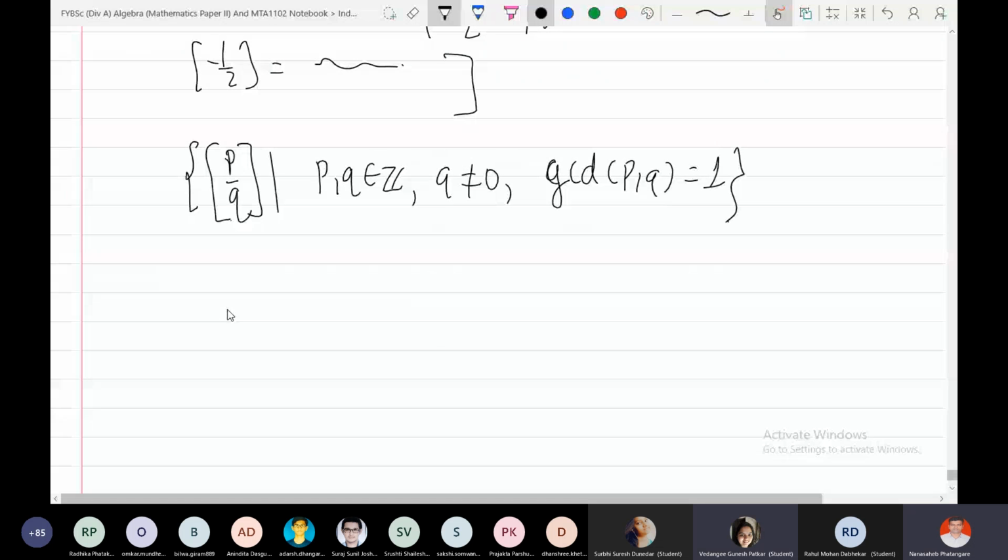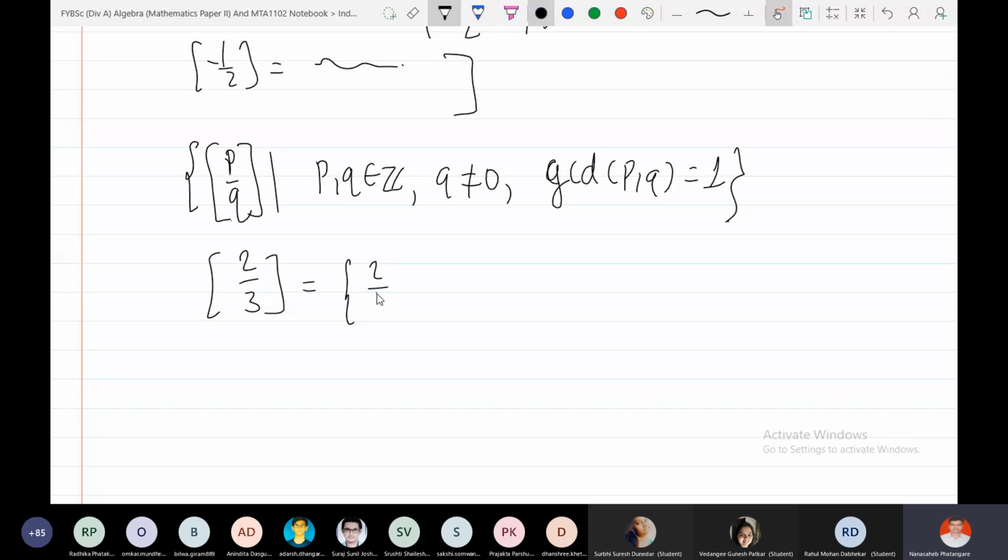For example, what is the class of 2 by 3? 2 by 3, then 4 by 6, then 6 by 9, 8 by 12. Right?